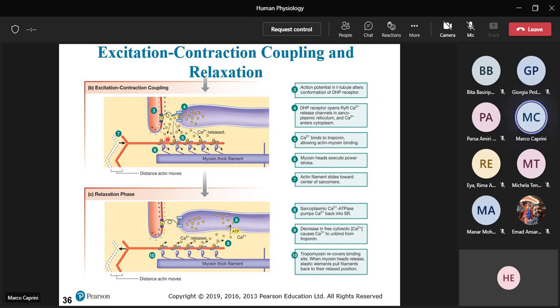So the calcium at the end binds to the troponin, moves the tropomyosin, and the power stroke can take place. So the muscle can contract.